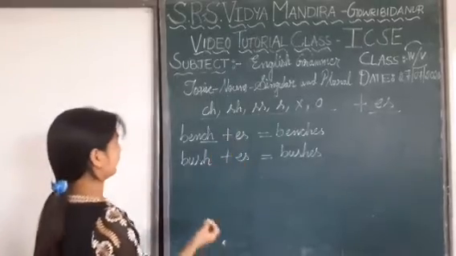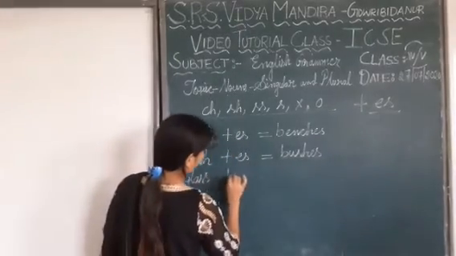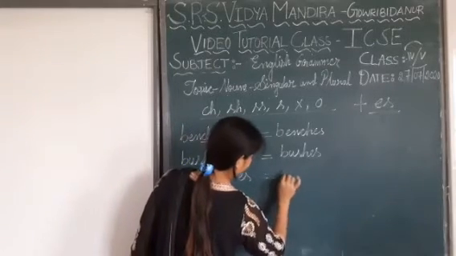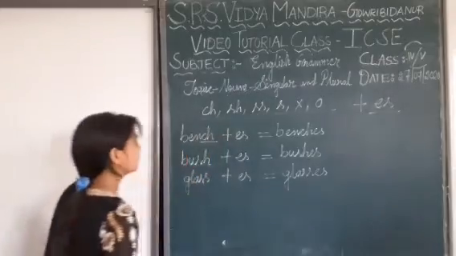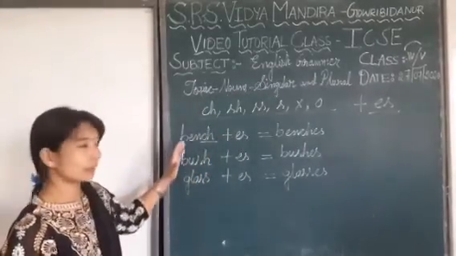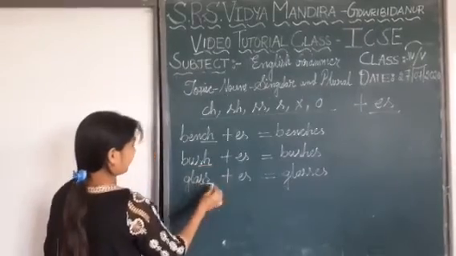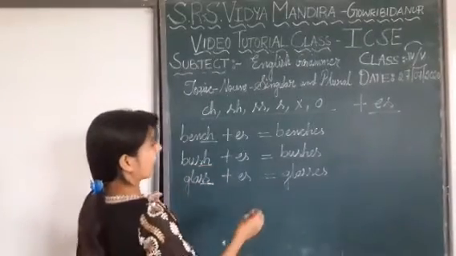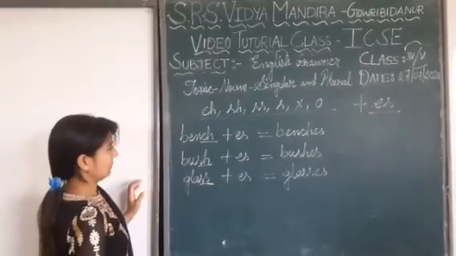Now ss, glass, glasses. So whenever the words end with ch, sh, ss, we have to add es to change into plural form of the noun.